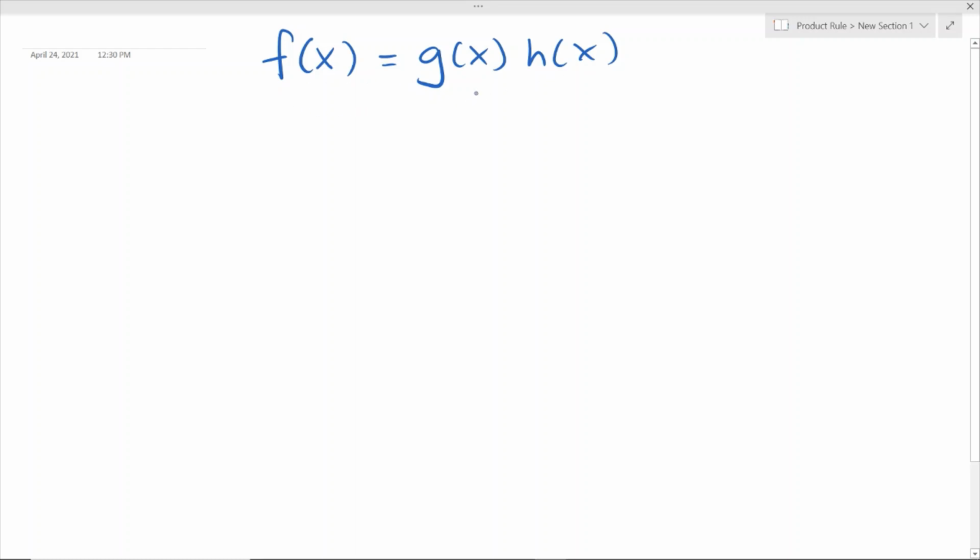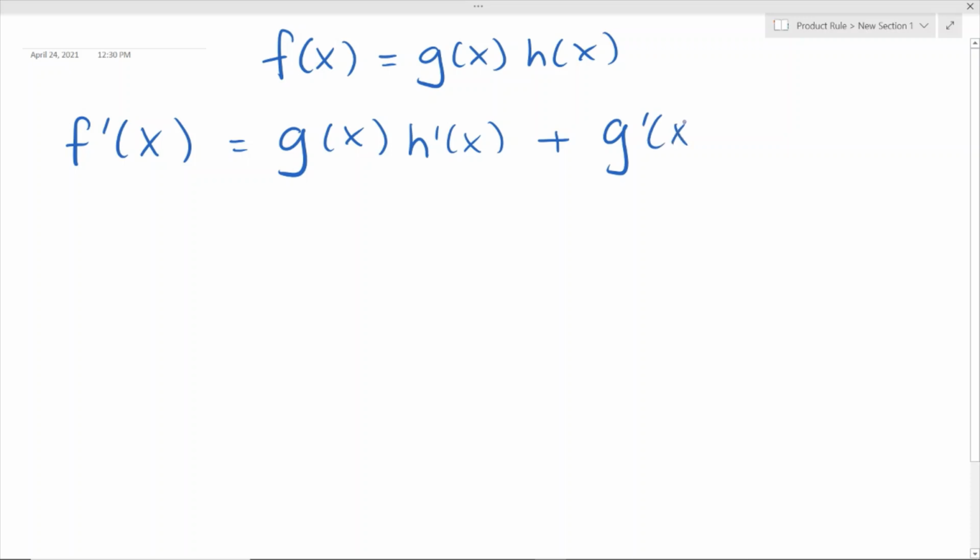Using the product rule, the derivative of f of x, f prime of x, is equal to the first function, g of x, times the derivative of the second function, which is h prime of x, the derivative of h of x, and then we add the derivative of g of x, so g prime of x, times h of x.